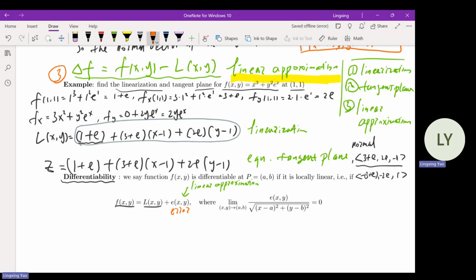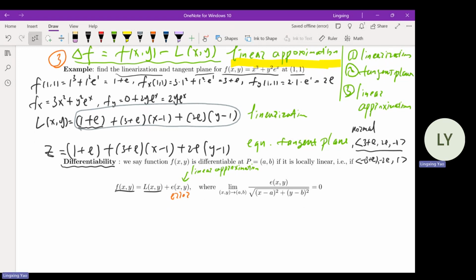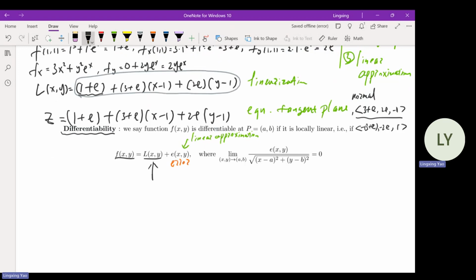Okay, and we want to see or quantify how this error is behaving when we look at those x and y, and make them get closer and closer to the point A, B, where we write this linearization. So first of all, we need to clarify some concepts. So this is the linearization of f of x, y at the point A, B.